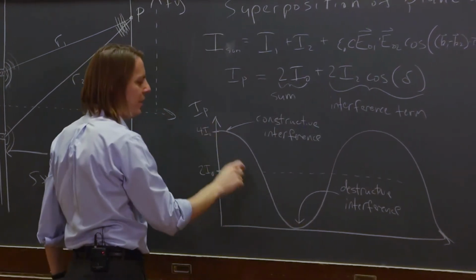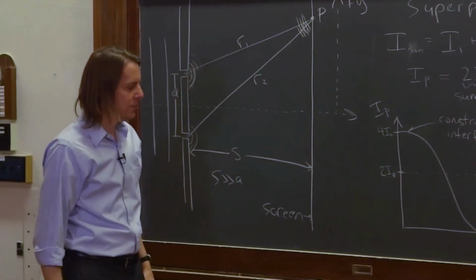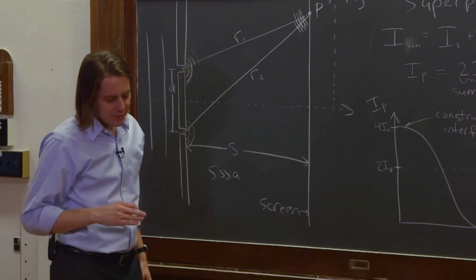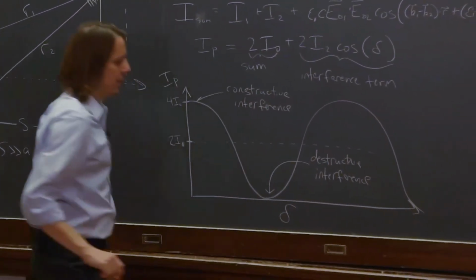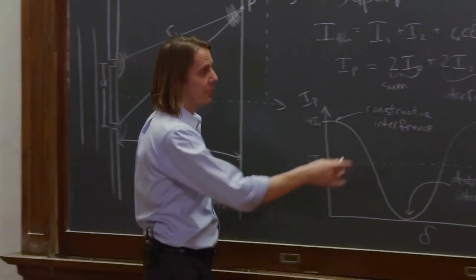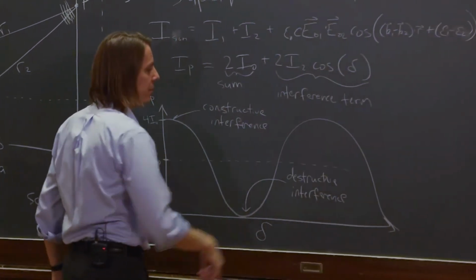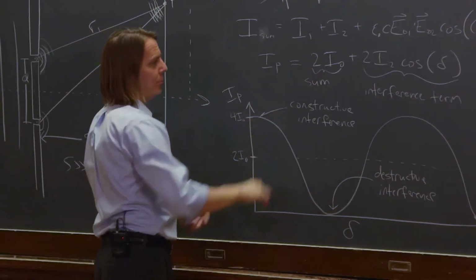In some places you get twice, some you get 0, and of course the average is just 2 I naught, like it should be. But the key thing you care about is this axis, delta. I've plotted this as a function of delta, basically a cosine of delta with an offset, because this is not 0, so this is the plus 2 I naught.